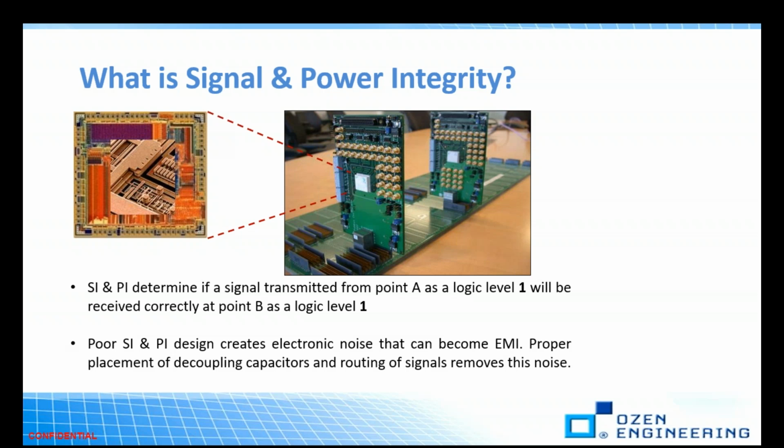So what is signal and power integrity? It determines if a signal transmitted from point A as a logic level 1 will be received correctly at point B as a logic level 1. A poor signal integrity or power integrity design creates electronic noise that can become EMI, but proper placement of decoupling capacitors and routing of signals removes this noise.